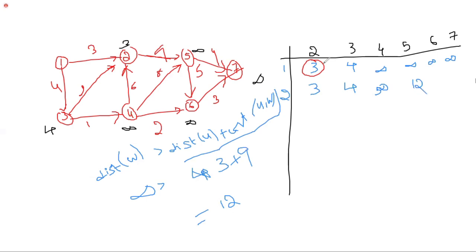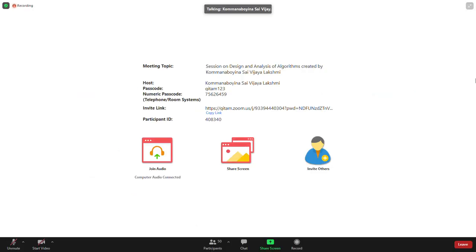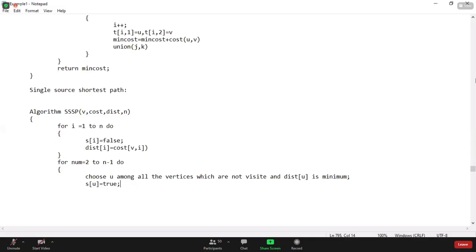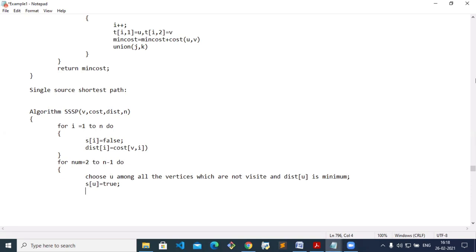That we will write in the algorithm part. How we are writing that? Observe carefully, ma. For each vertex, for each adjacent vertex W of U, and S of U is false, then only we have to compare. How we will compare?